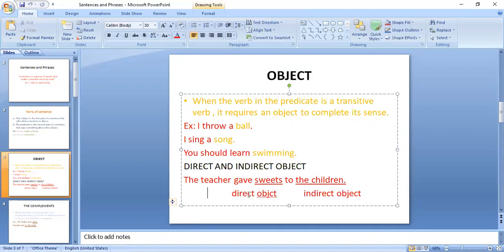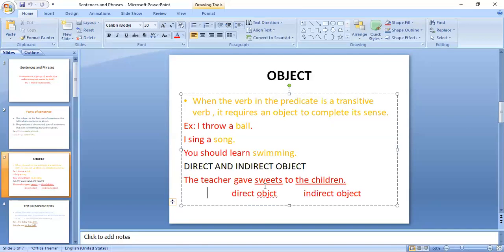The noun answering what after the verb is called the direct object. What is the direct object? The verb is gave. Gave what? Sweets. This is the direct object.